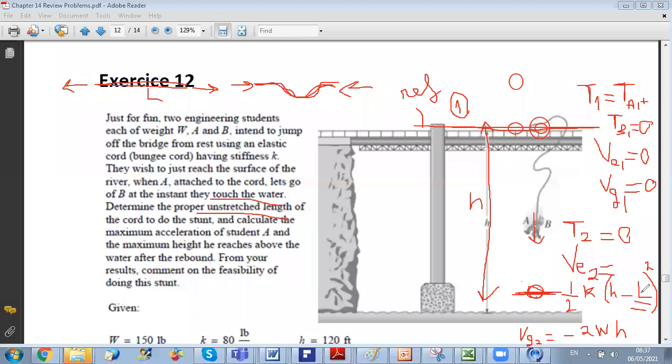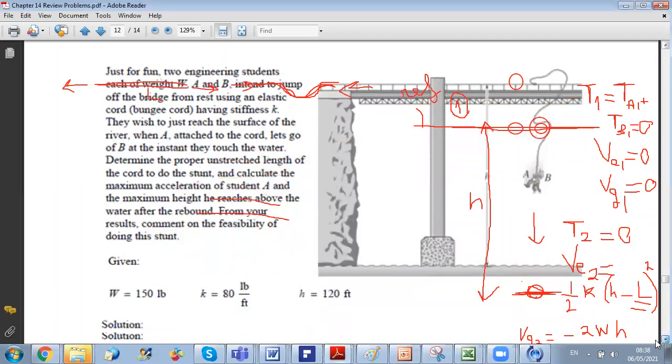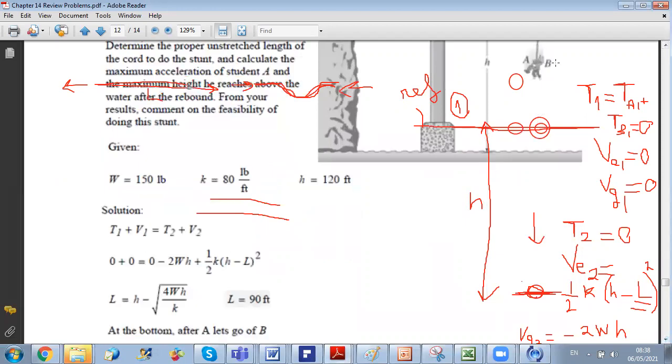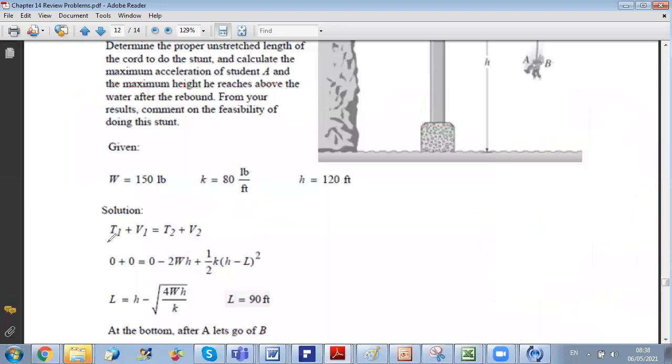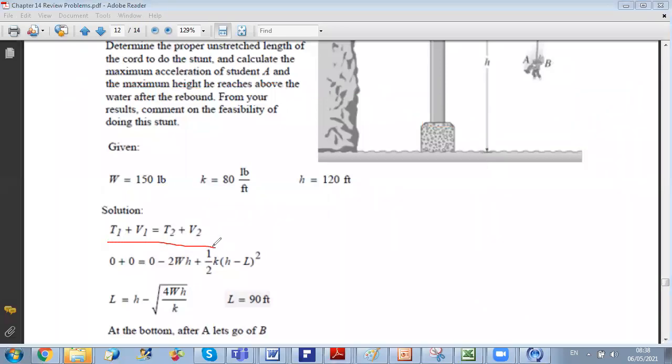So we will write the conservation of mechanical energy between state 1 and state 2. As you can see here, it will give you that T1 plus V1 equals T2 plus V2. As we have seen together, at the initial state everything is zero because we took the gravitational reference at 1, so V gravitational is 0. The cord was not stretched, so no elastic potential.